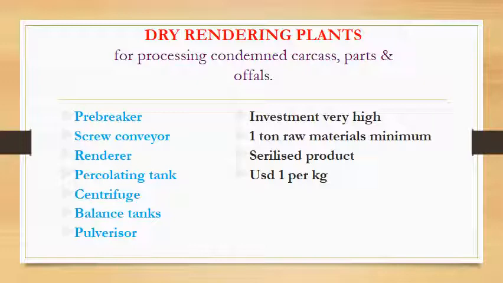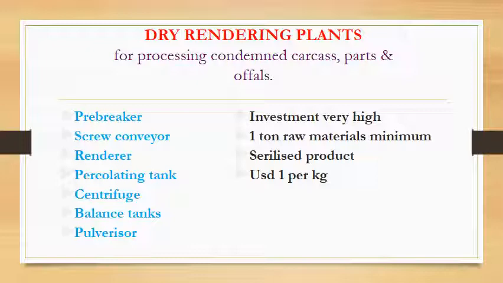Firstly, about carcass utilization: the condemned carcasses are utilized by carcass utilization plants or dry rendering plants. This is for processing the condemned carcass parts or condemned offals, for which there is a specific rendering plant called a dry rendering plant, which we will discuss separately.